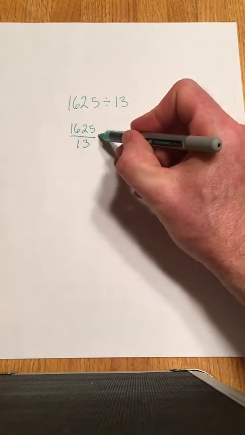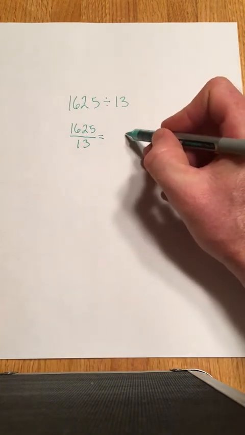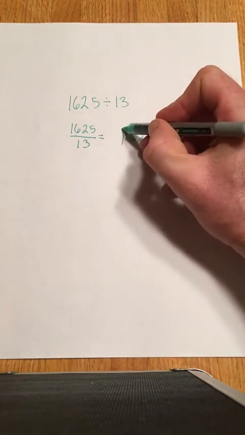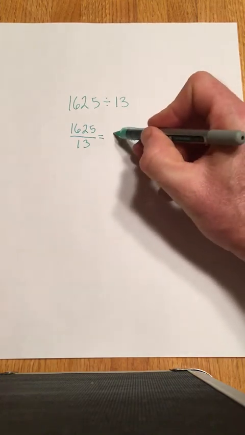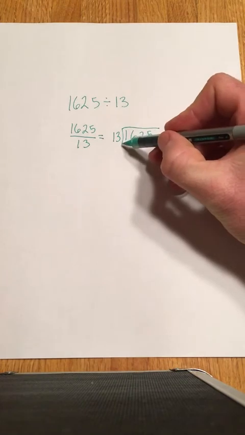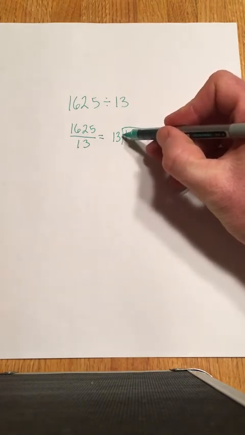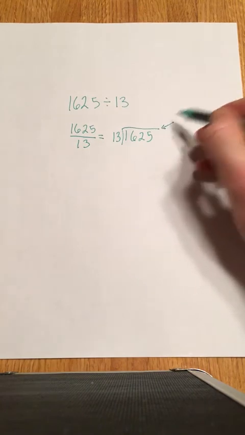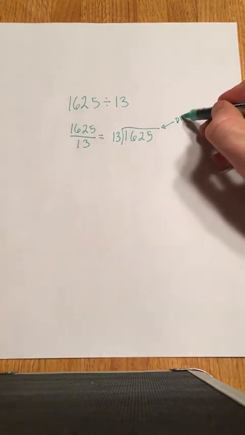We can also write this as 1,625 divided by 13. So I actually like to say it to myself when I draw the line, divided by. That's what this line means, divided by.